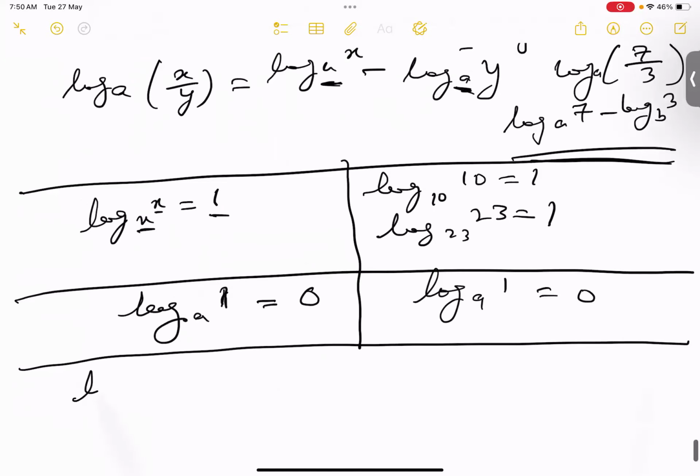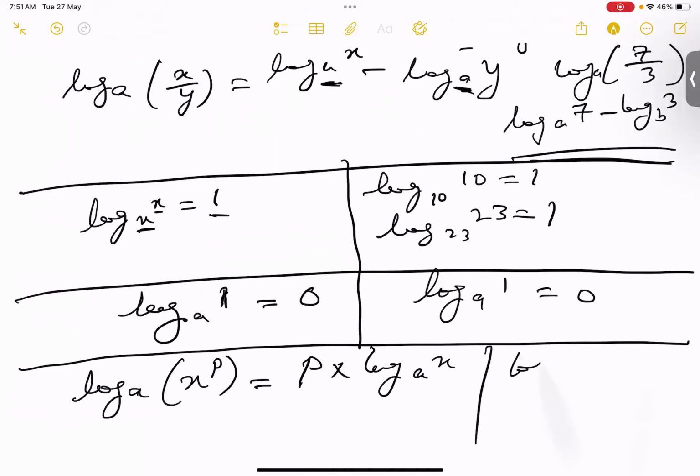And now log base a of x to the power b will be equal to b into log base a of x. For example, we have log base a and a number 9.